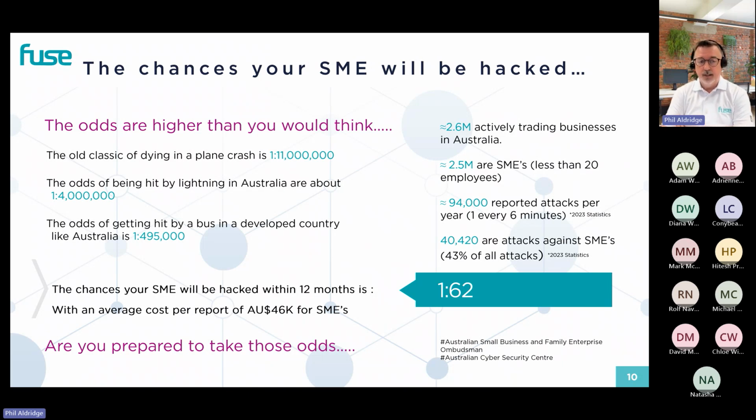So this figure of 1 in 62 is probably much more like 1 in 12, 1 in 15. But that 1 in 62 are the odds that within the next 12 months, your SME will be hacked. This is what I consider to be horse racing odds. You know, you would bet on this. So this is not odds that anybody should be prepared to take.